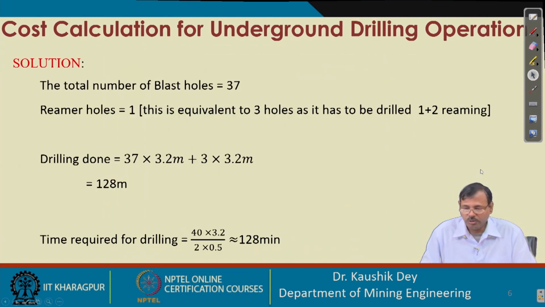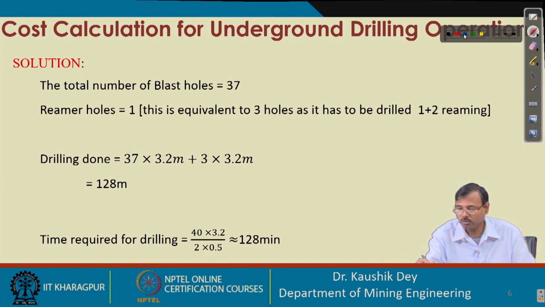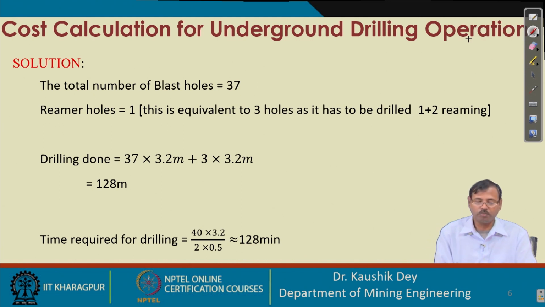We have a total number of blast holes of 37 and a reamer hole of 1, and this reamer hole is equivalent to 3 holes because it is drilled once and reamed twice, 38 to 56 and 56 to 91.